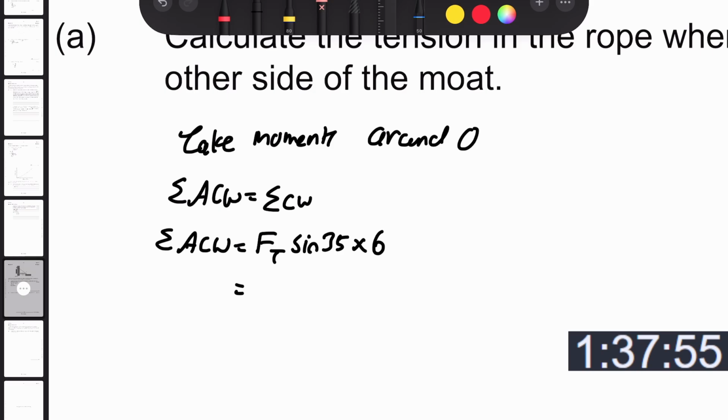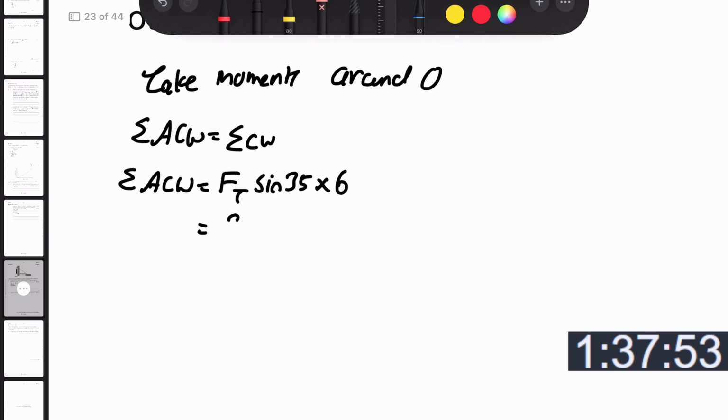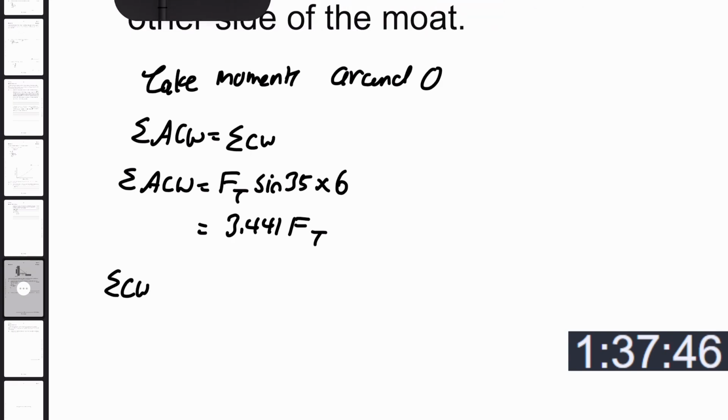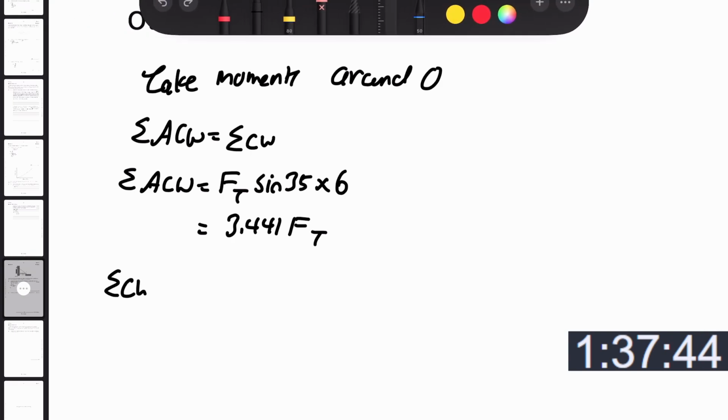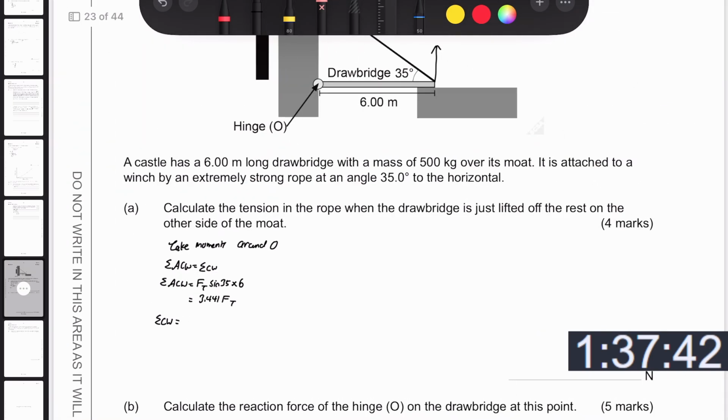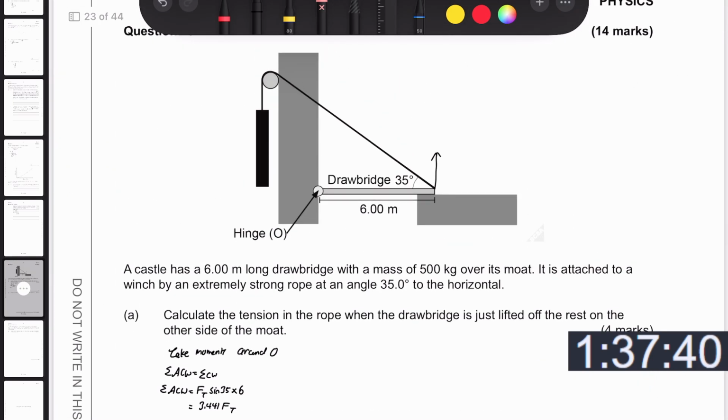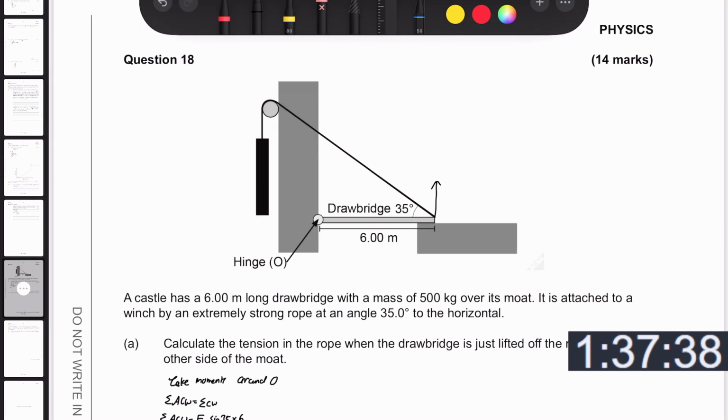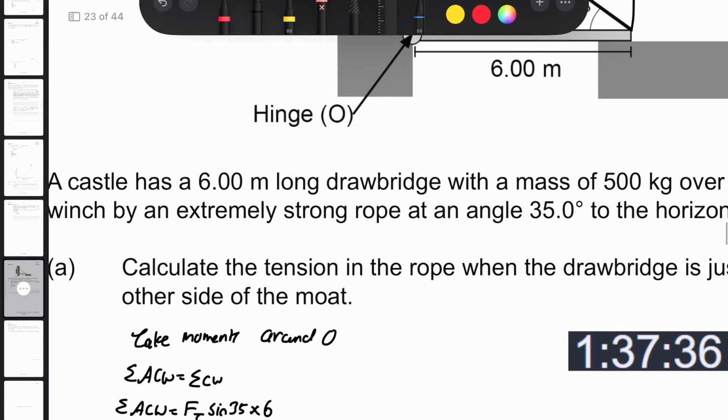So 6 sine of 35 is 3.441, times force of tension. And then clockwise would be equal to just the weight downwards, which is 500 times 9.8 times 3.